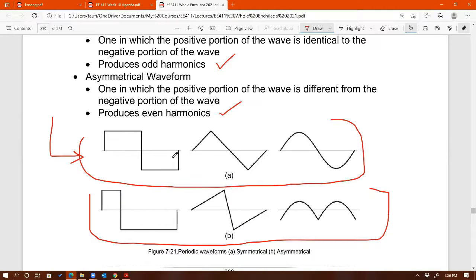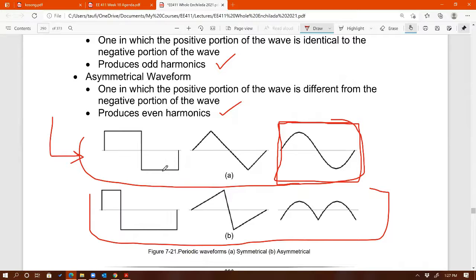Why is that? Well, because our electrical system is based on sine wave, right? So any electrical systems that we are designing or we are using would have to be able to interface with a sine wave system, right?